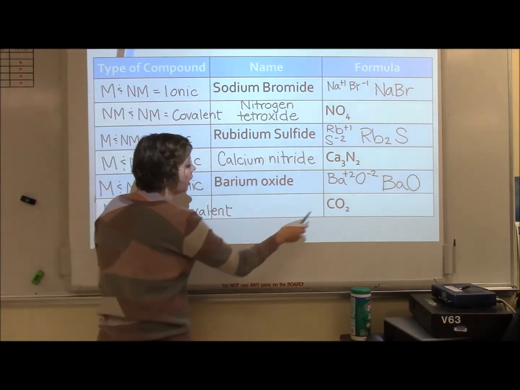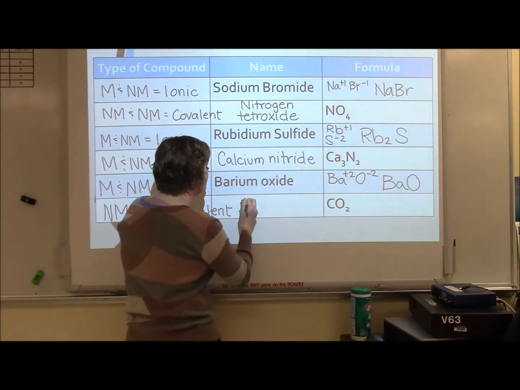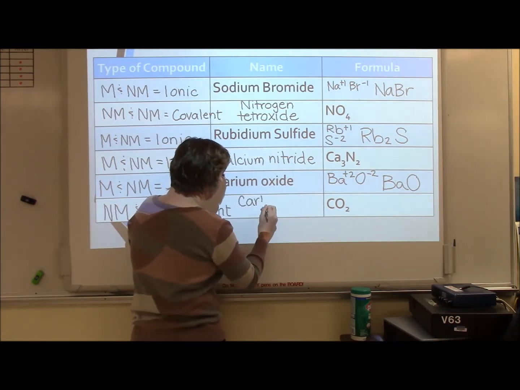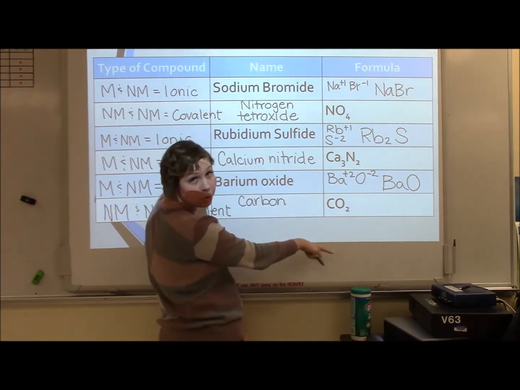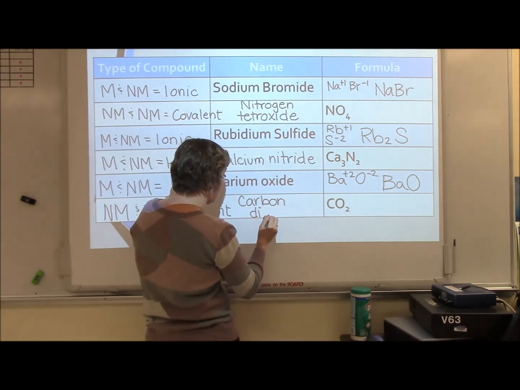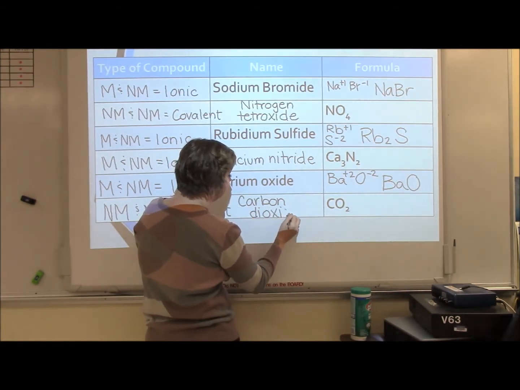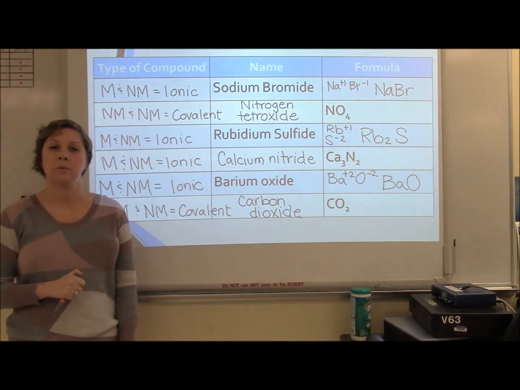So the name for it, carbon, because it has just one atom, does not have a prefix, so carbon. And then oxygen has two atoms, so we're going to use the prefix di, okay, and it would be dioxide. So carbon dioxide is the name of that last one.